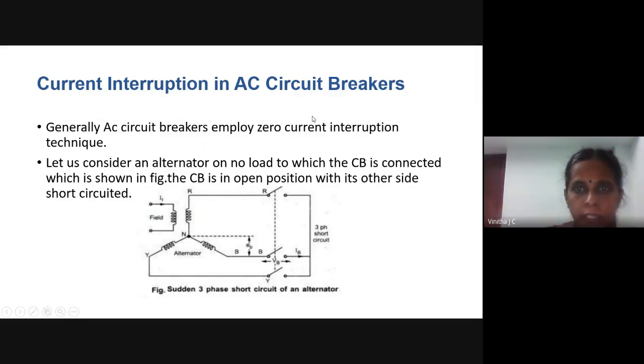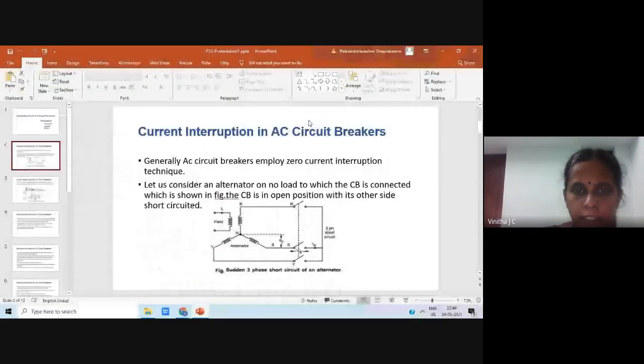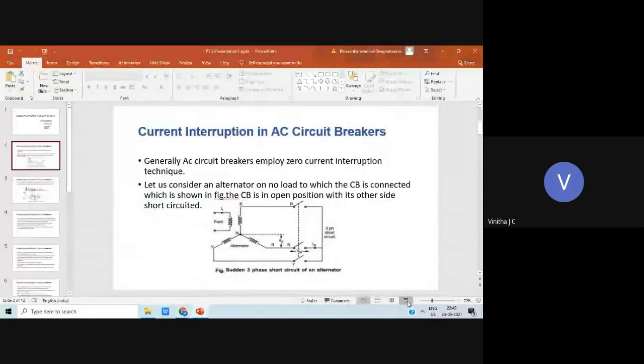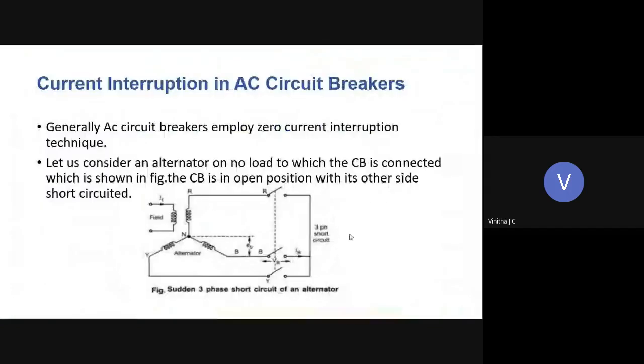If you see the current interruption in the case of DC circuit breakers, it will be very difficult to interrupt the fault current. Why? The reason is that the output current of a DC circuit is constant, so we are not able to interrupt the faulty current.